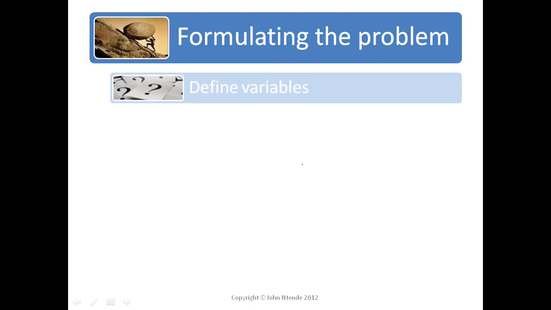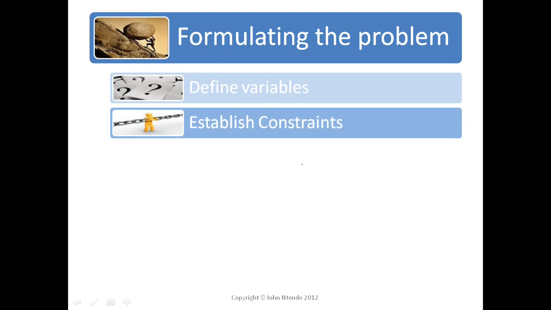So if you're in an exam, clearly have a short heading, define variables, and go on to define what the variables are. Now we're trying to decide on how many cakes and on how many units of bread we should make. So the variables are the number of cakes and the number of bread.